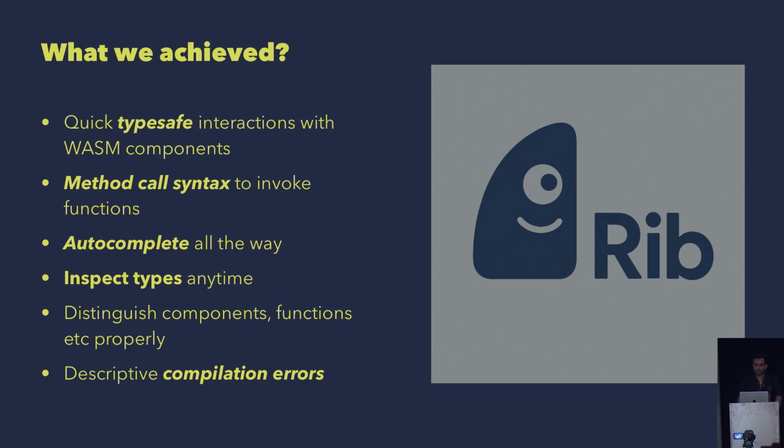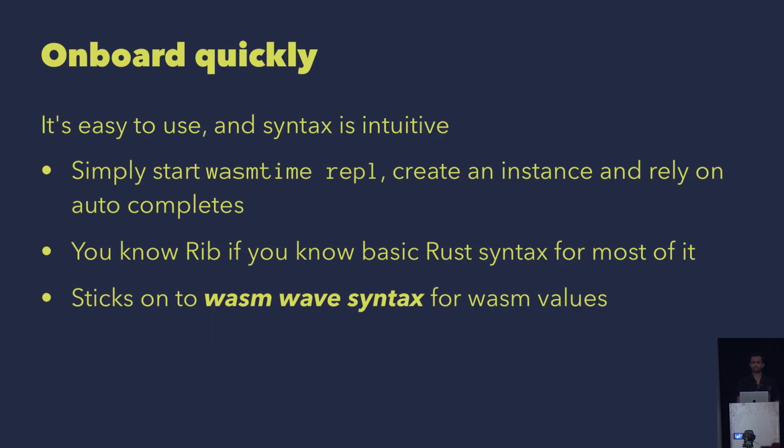And descriptive compilation errors. And it's quite easy to onboard. Why? Because whatever you have seen until now is something that you're quite used to. You're trying to interact with a component, with code, and you just spun up a REPL, and then you're writing the code by invoking the function, which looks like almost the bare basic thing that any developer would do.